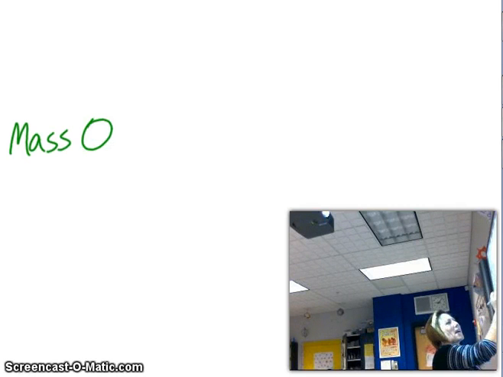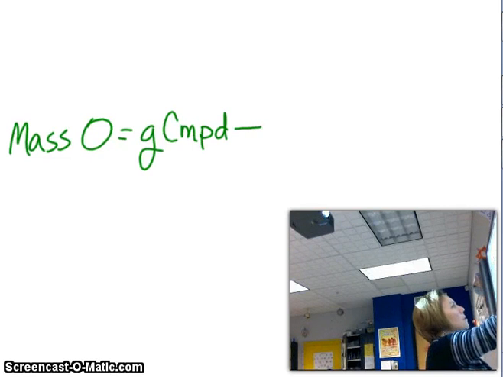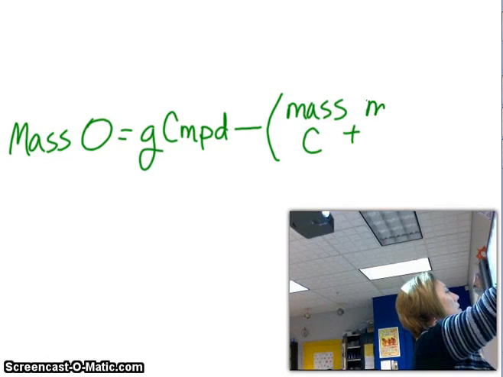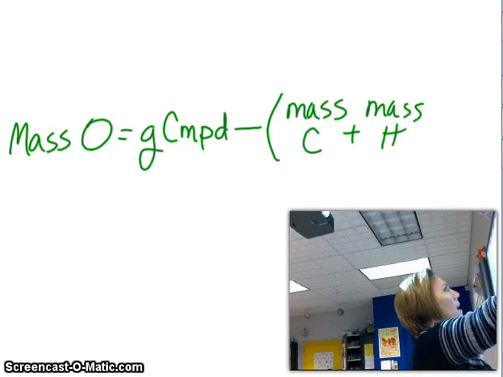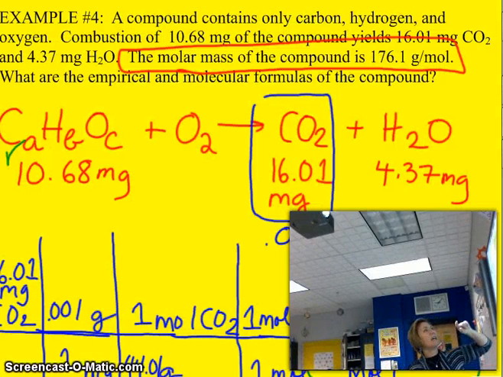So to get the mass of O, we take the grams of the compound and we subtract from it the sum of the mass of C and the mass of H. So I have to go back to my data and get the grams of my compound. Uh-oh, they gave me milligrams.